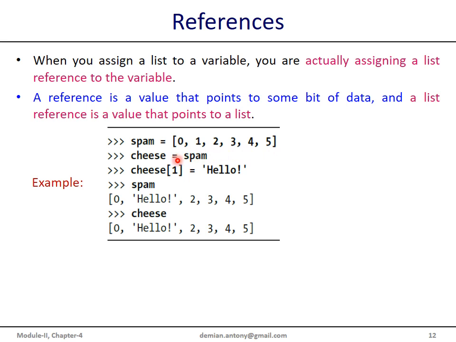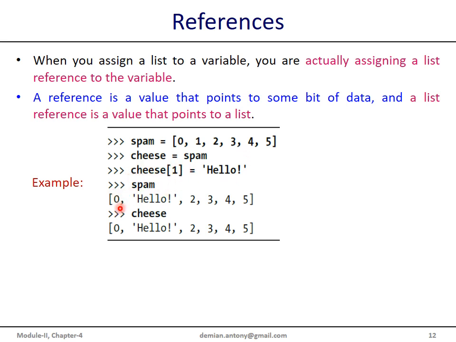We have two references. One is spam, and after this assignment we have one more. As a programmer, we can manipulate the list either using the list reference spam or the new list reference cheese. Let us modify this. We change the element at index 1, that is the second element, with a string value by using the second reference, that is cheese.